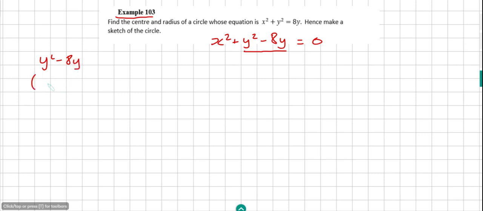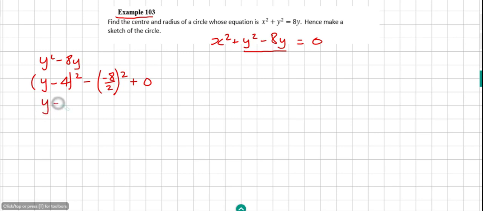What we're going to do is form a bracket, and it's going to be y minus half the coefficient of y on the line above. So that's going to be (y minus 4) all squared. And then I'm going to take away half of the coefficient squared, and I don't have a value for c, so we could say plus 0 if we like, just for completeness.